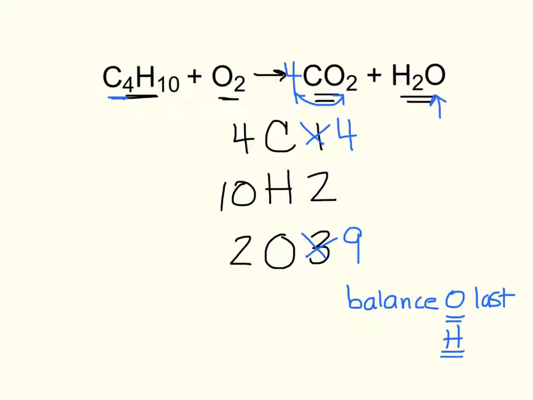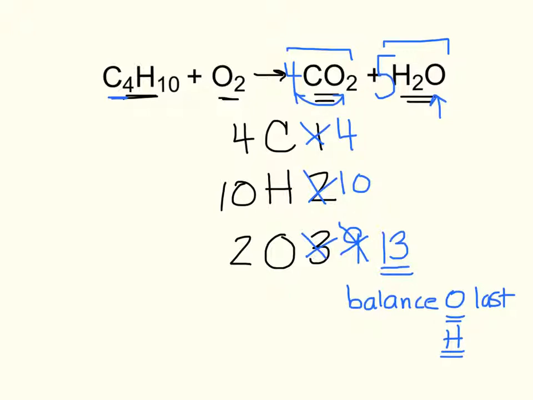I'm also going to now try changing my hydrogens. I'm not going to mess with my oxygens. So I have 10 hydrogens on the left. So to fix the right side, I know that if I put a 5 here, I will now have 10 hydrogens on the right. And this is going to change my oxygens yet again, so that now I have my 4 times 2, which is 8, plus another 5. So I actually have 13 oxygens on the right.